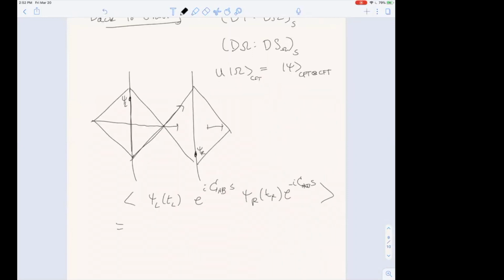Or written in terms of density matrices, it's really this: sigma a is, sigma b is, sigma a b to the minus is, psi right t right, and then the same combination of density matrices over here. Oh, one comment I should make.